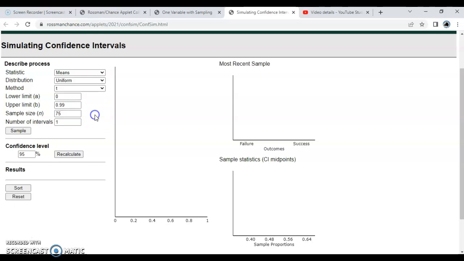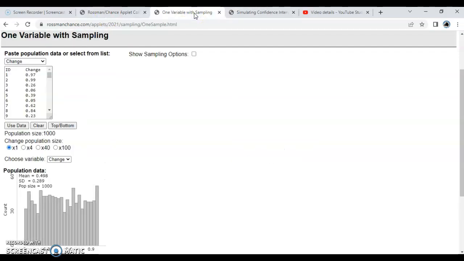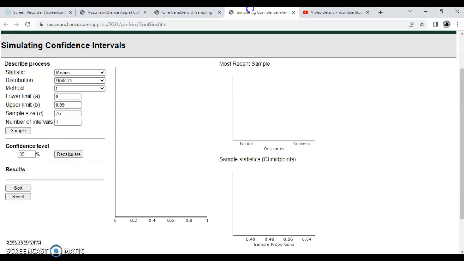All right, so what this is going to do for us when I hit the sample button here, with 95% confidence, we would be sure that the population average, which was about 50 cents, is within the confidence interval. So let's do that.